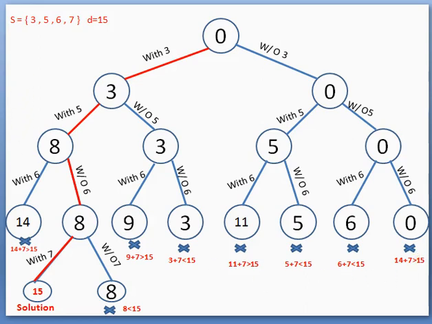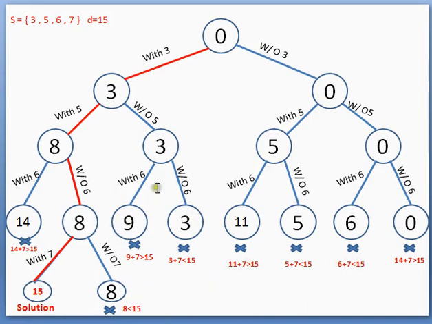So here all nodes are represented in each level. For 4 values in the given set, 4 levels we have to include in our state space tree, and at the end if the sum is equal to 15, that is our possible solution, otherwise there is no solution.